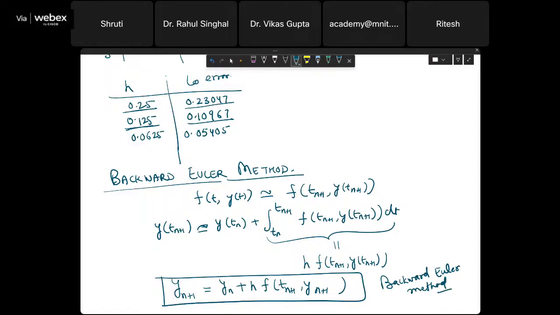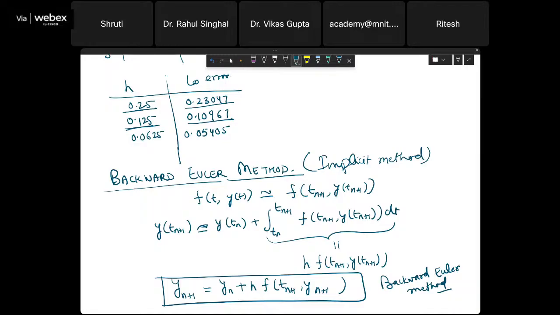Here yn plus 1 is defined implicitly, meaning it is present on both sides, while in the Euler method, it is defined explicitly. So that's why the Euler method is known as an explicit method, while the backward Euler method is known as implicit, because of the presence of yn plus 1 on both sides.